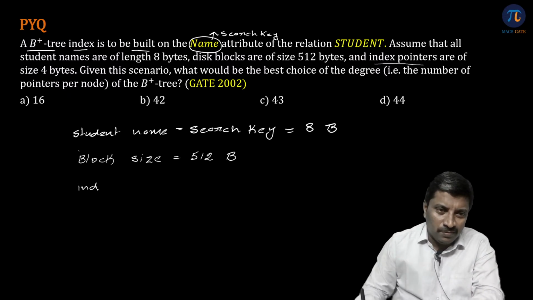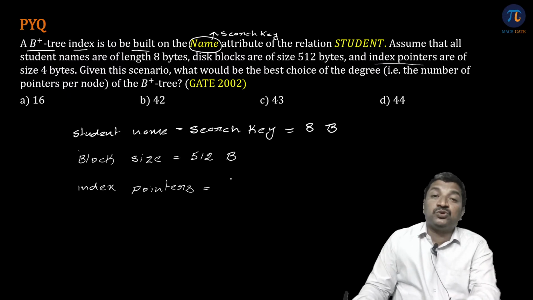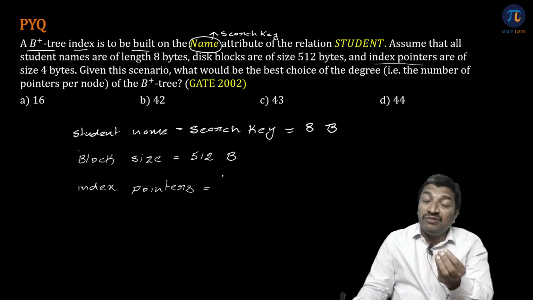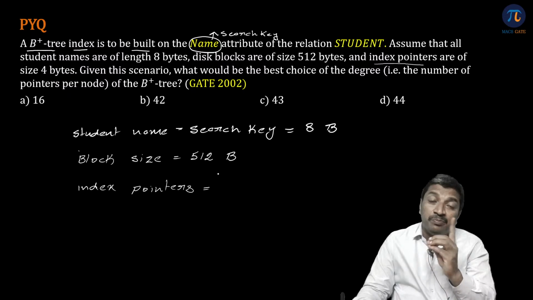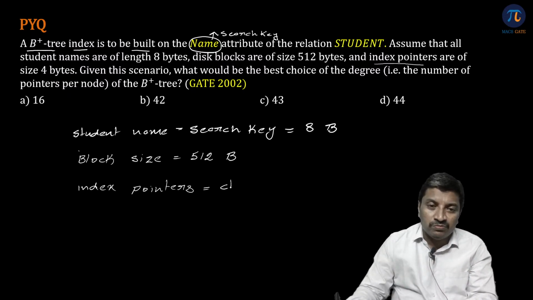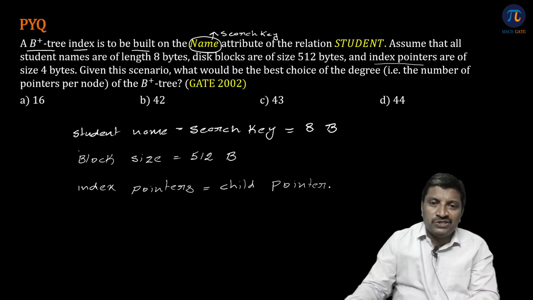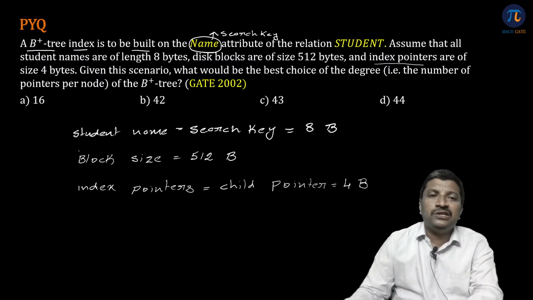So index pointers means pointers to the index nodes, which we have in a B plus tree. So what does it mean? Index pointers equal child pointers. So this child pointer is of 4 bytes, right?